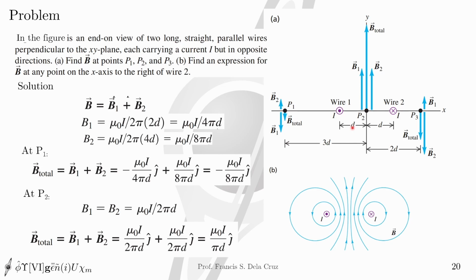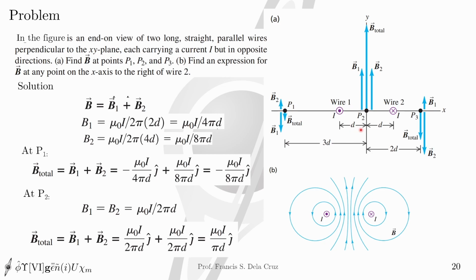But if you are looking at wire 2, the thumb will be into the screen, and if you wrap your hand around wire 2, you can see that the magnetic field is clockwise in direction.